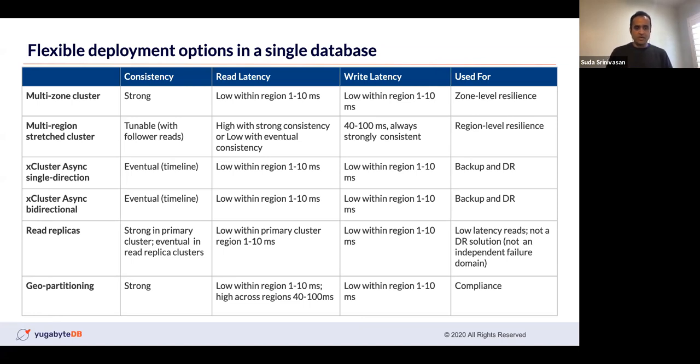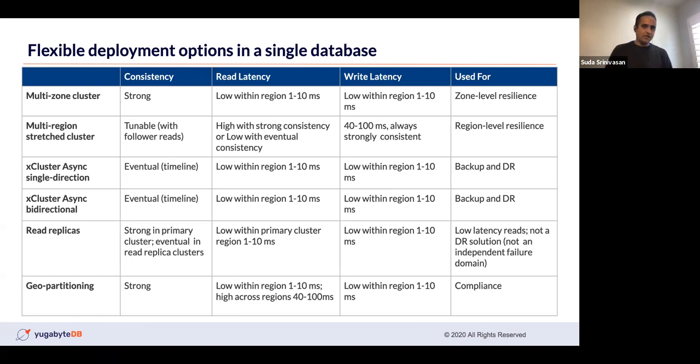For example, if you need strong consistency and you want to have region-level resilience, you deploy a multi-region stretch cluster. So you can have a single Yugabyte cluster with the nodes in different regions. You're getting strong consistency, and you're going to have high latency because the nodes are sitting at a 40 to 100 millisecond distance from each other, but you're able to do that with strong consistency and get region-level resilience. So this is a quick summary of the capabilities available in the YugabyteDB platform.